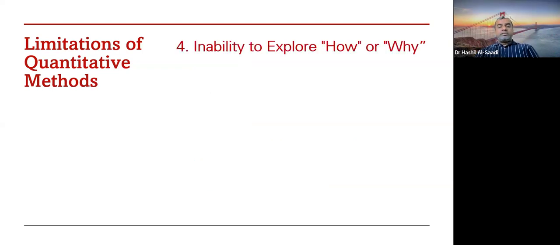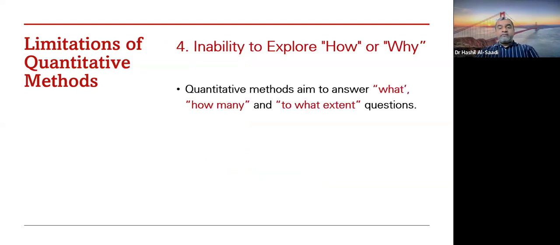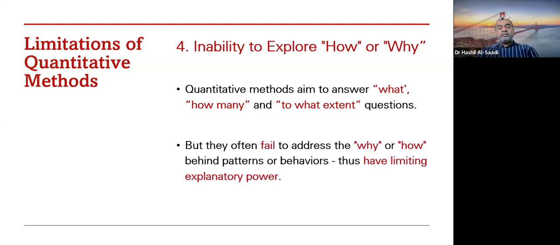More limitations: inability to explore the how and why. As we said, quantitative methods aim to answer the what, how many, and to what extent questions, but they fail to address the why and how behind those patterns. Why is something happening? Why are students leaving schools or colleges? Why are students not learning through social media, for example? And so on.